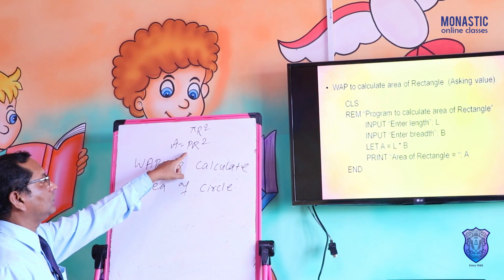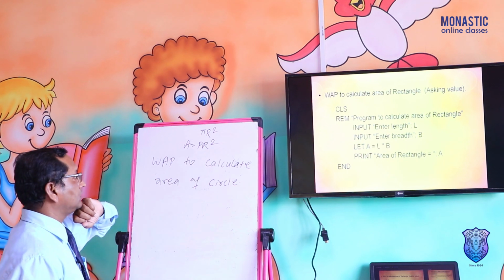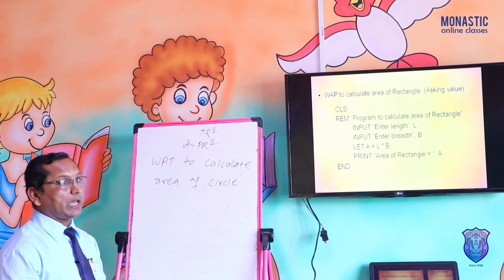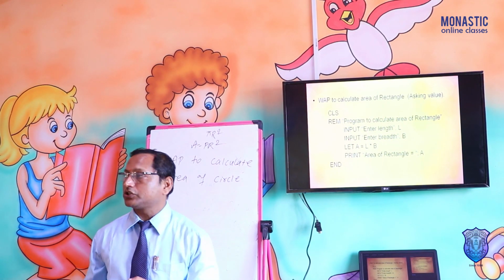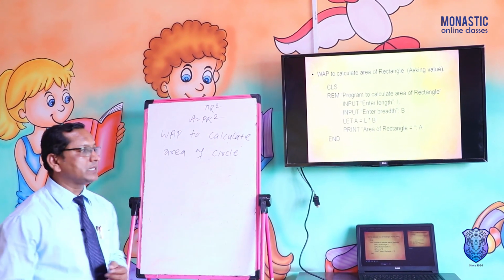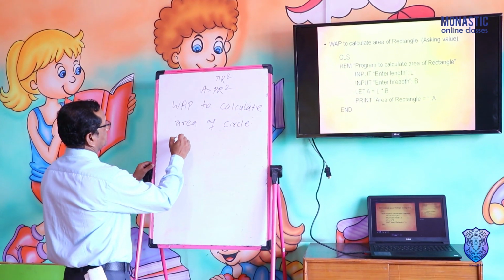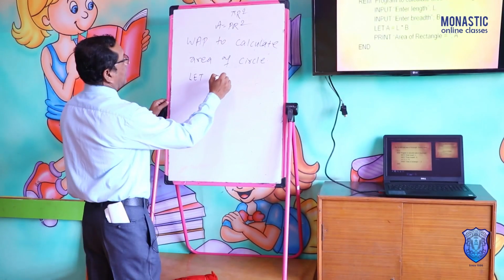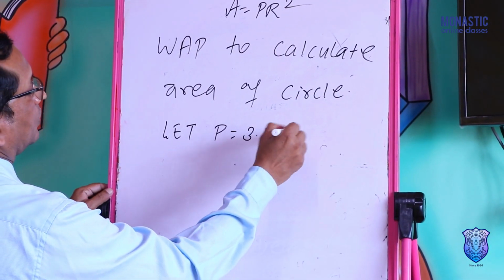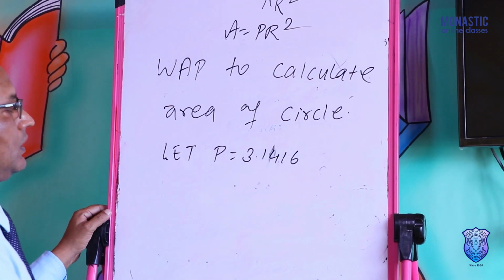Now it needs the value of P and R. Here I have written asking value, means using input statements. Even so, we know that the value of pi is always constant. So let us assign the value of P, the value of pi, 3.1416. You can use 22/7 also.